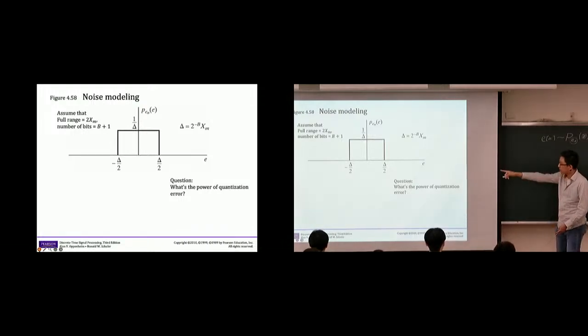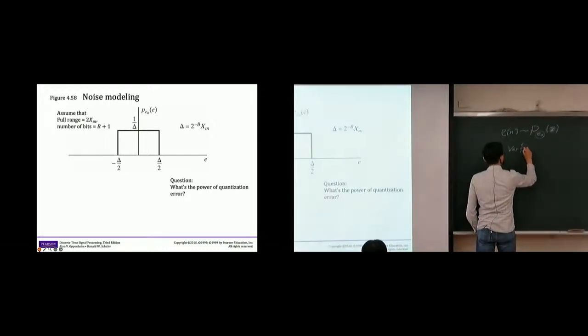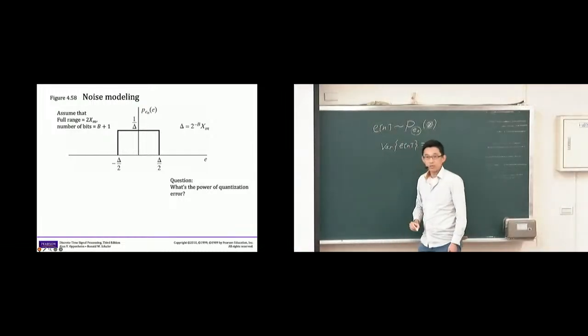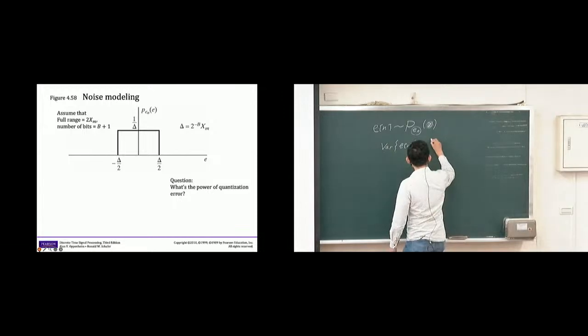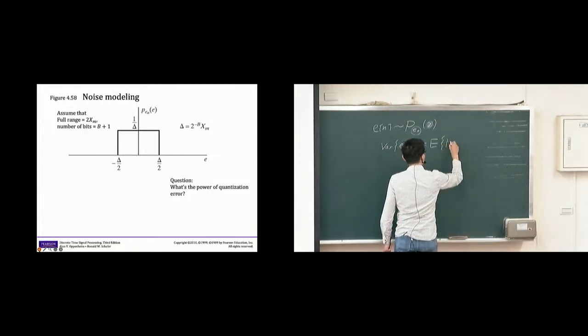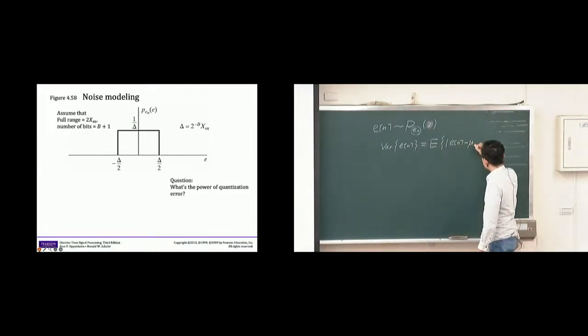The mean is 0, and the variance of e[n] is an expected value of e[n] minus its mean, squared.